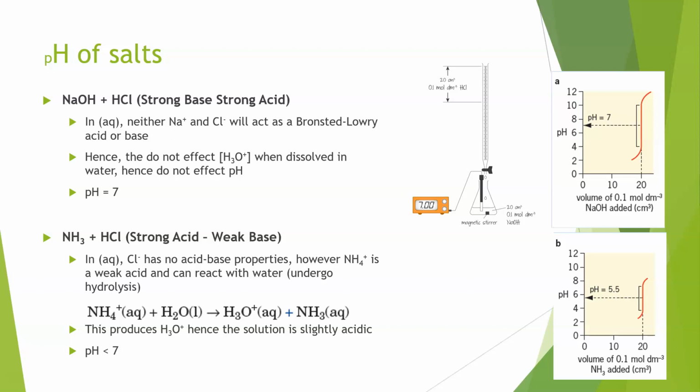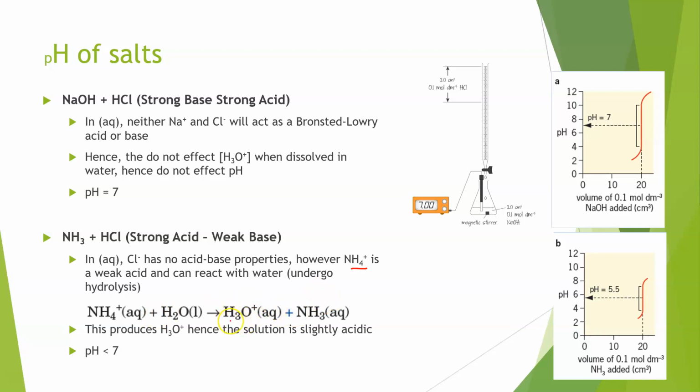When we have ammonia and HCl, so a strong acid and a weak base, as we saw before, the chloride is going to have no acid or base properties. However, NH4+, which is the conjugate acid of the weak base ammonia, does actually have an acid property. So it can react with water, undergo hydrolysis, now acting as an acid, generating H3O+ and ammonia.